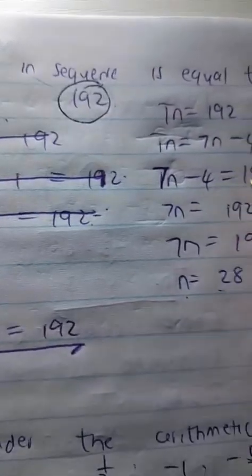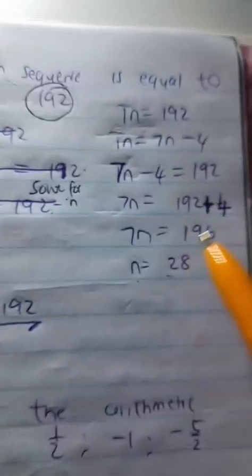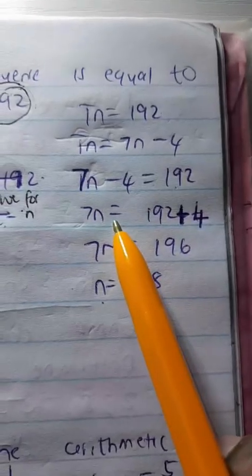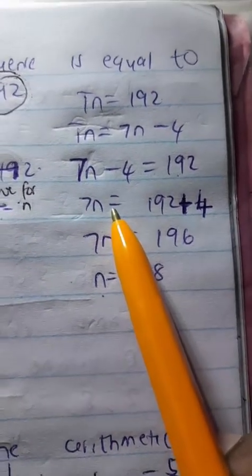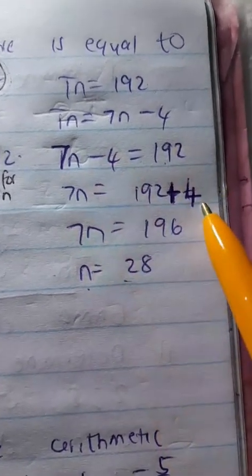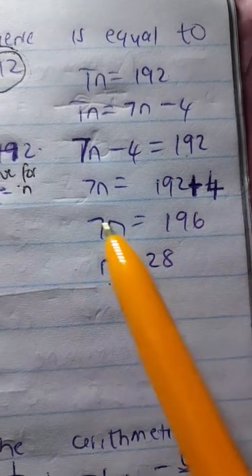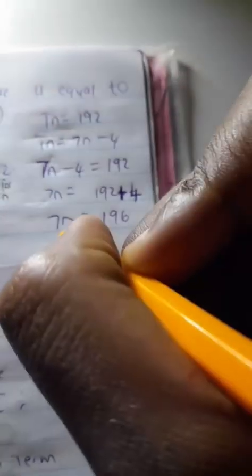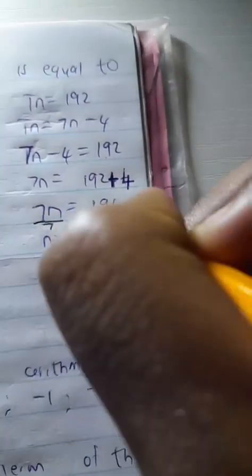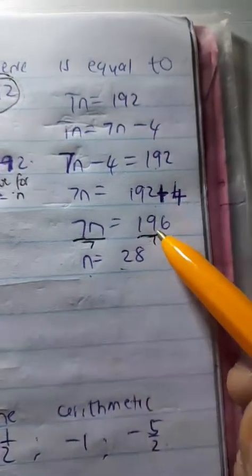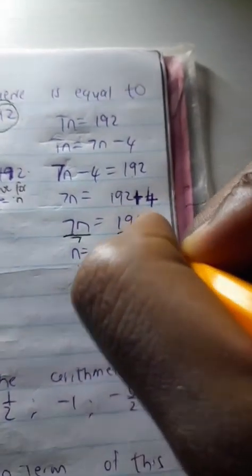Then what do we do after that? We solve for n like we would do with linear equations that we did in grade 8. Transpose the minus 4, it becomes plus 4. 192 plus 4 is 196. Then we divide both sides by the coefficient of n, which is 7. And then 196 divided by 7 will give us a nice answer of what?